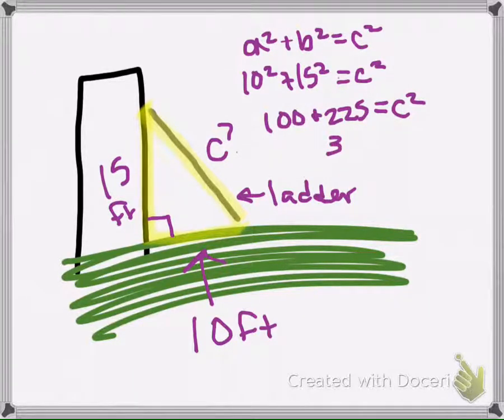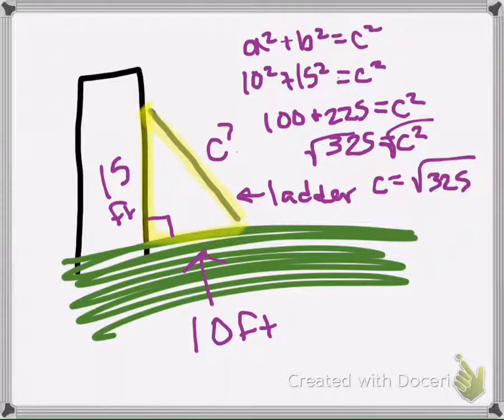So we have 325 equals c squared. Take the square root of both. This is not a perfect square, so we end up with c equals the square root of 325, whatever units. So we're dealing with feet here. You can, at this point, leave your answer as that, or you can simplify or approximate it. But you need to be able to find right triangles in real-world situations and apply the Pythagorean theorem. It's very important for next week.